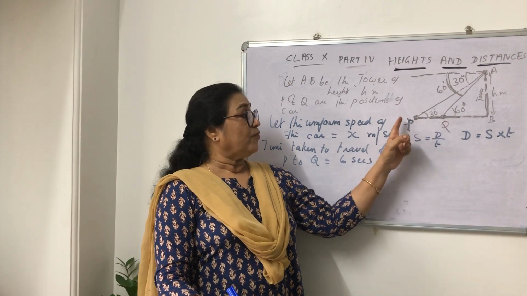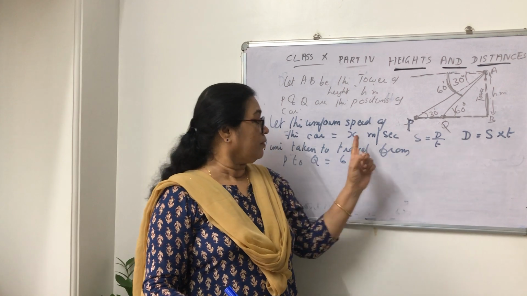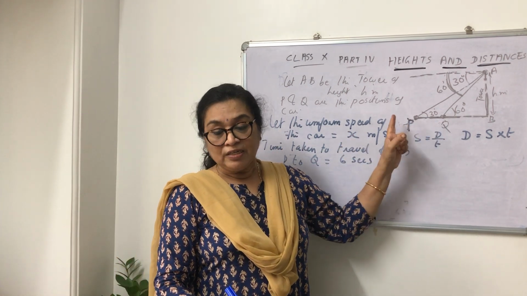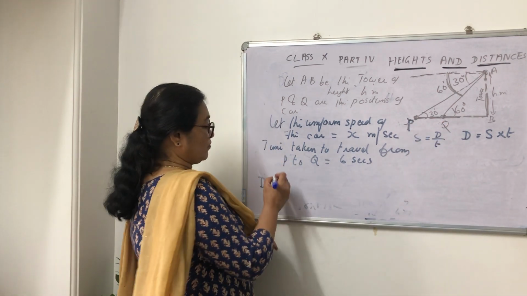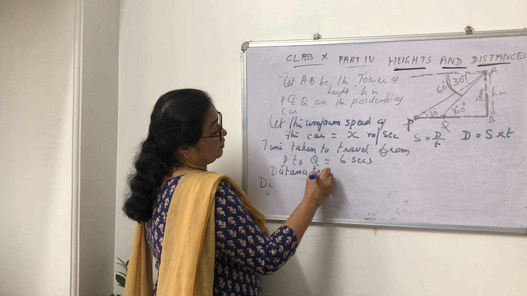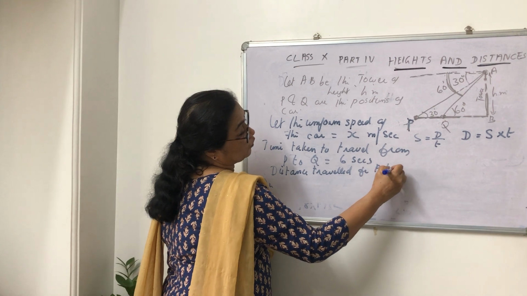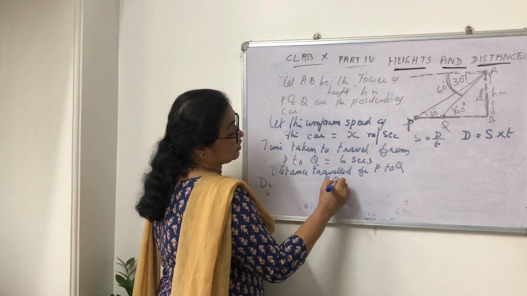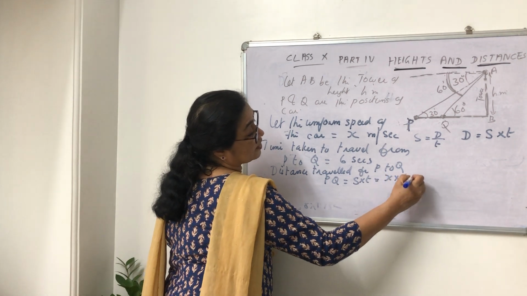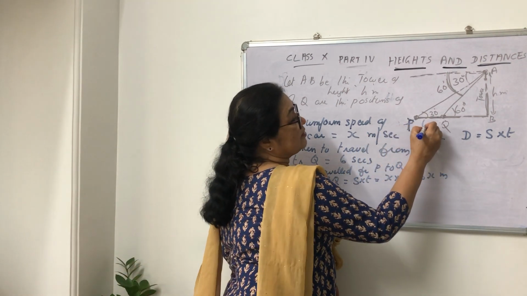The distance traveled PQ is equal to speed into time, so PQ is equal to 6x meter.